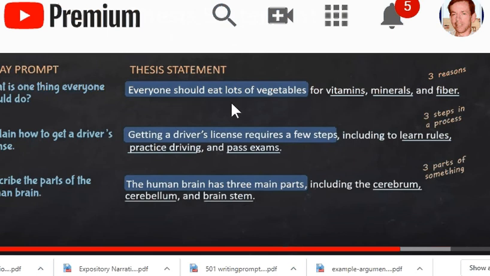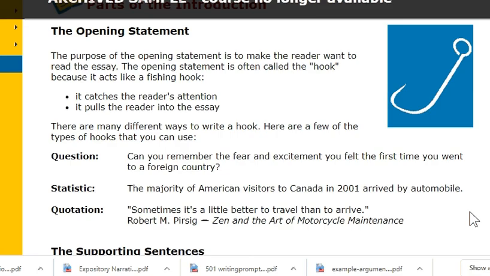So for you, I would just say everyone should eat lots of vegetables for 3 important elements or things, or chemicals, or whatever you want to call it. If you can specify them and list them, that's fine, but you don't have to.